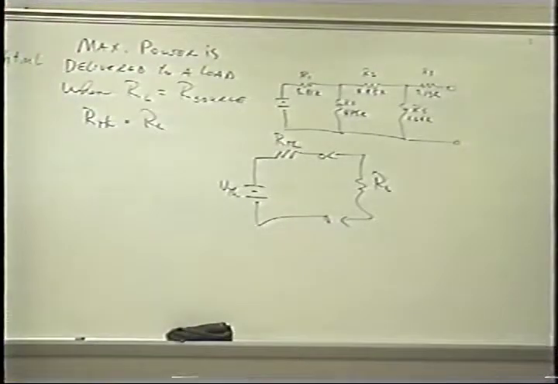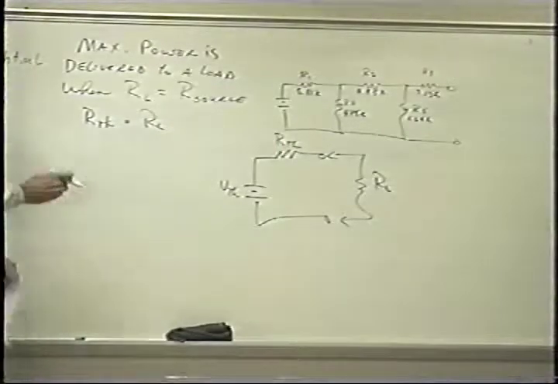That's why when you look at your amplifier system, for example, and it says use 8 ohm speakers, that means that the output impedance of your amplifier is 8 ohms. You put 8 ohm speakers on it, that means you deliver maximum power to those speakers.